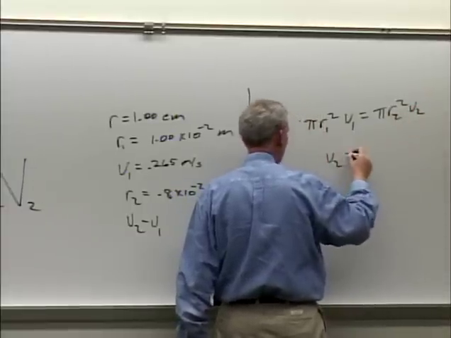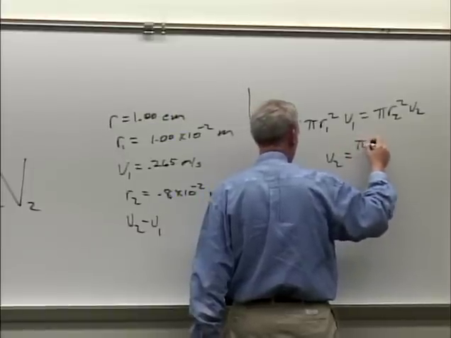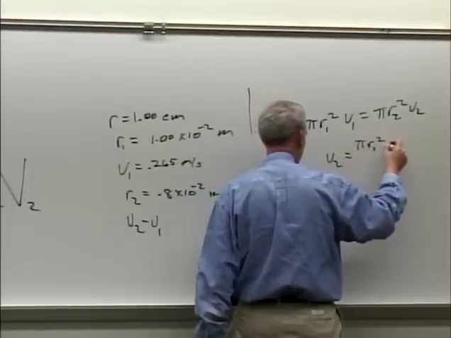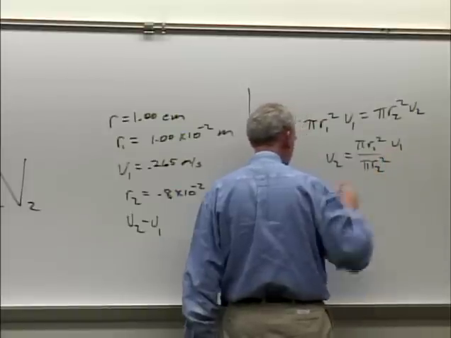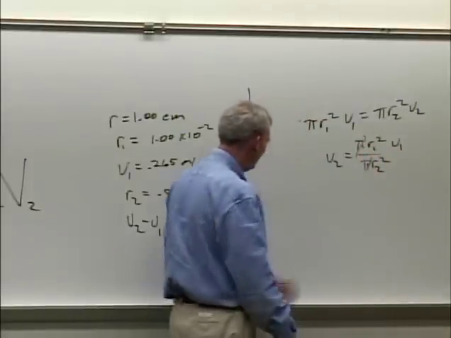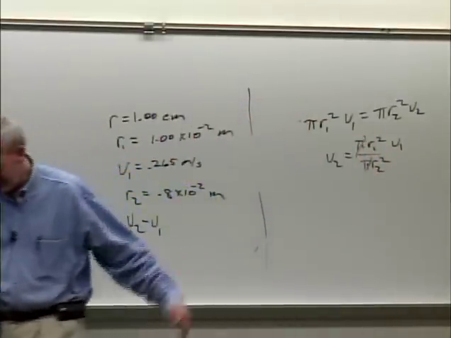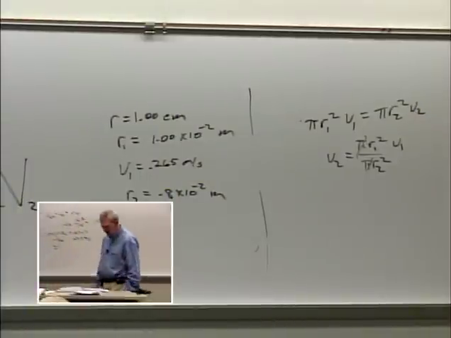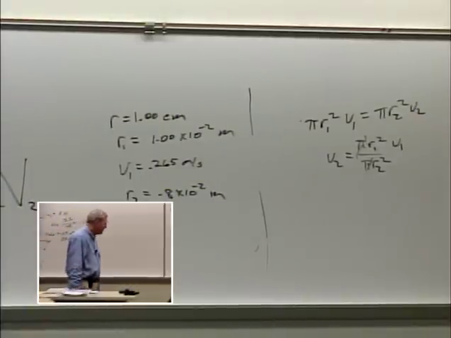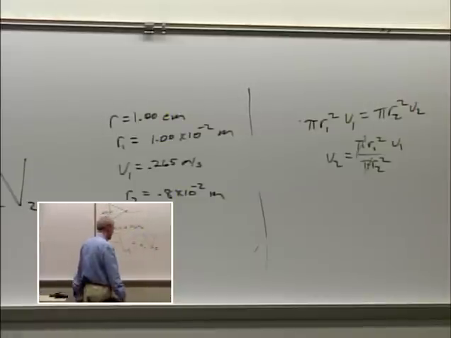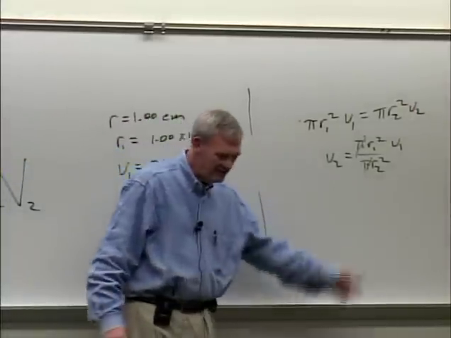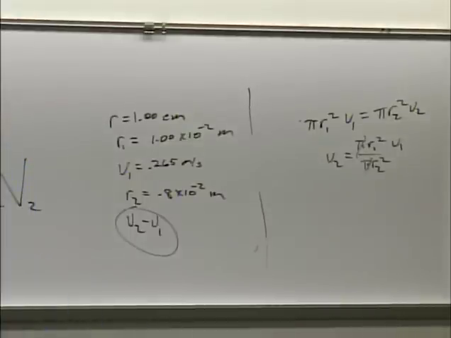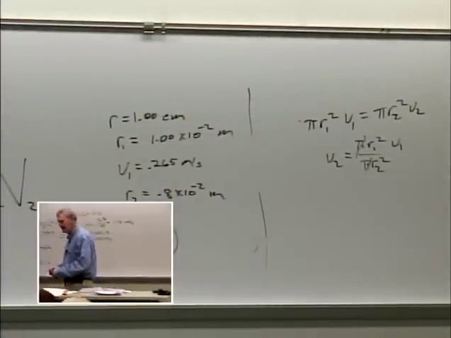And so V2 equals pi R1 squared V1 over pi R2 squared. So the pi's cancel. And I was all fat, dumb, and happy. I was like, oh, that's great. I got it. No, I didn't. I got it wrong, because they said, what's the difference? So be careful with that. Go ahead and get your V2 and then subtract the V1, and you'll get the difference in the speed.